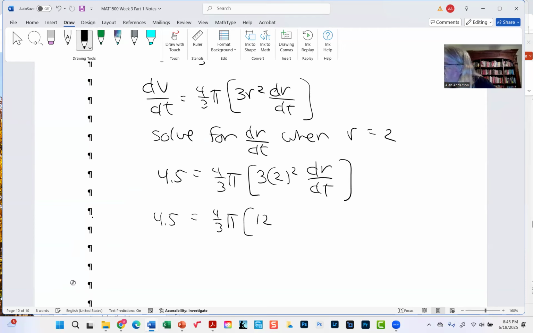So this is 12, and that means we have 4.5 equals 48 thirds pi, which of course is just 16.